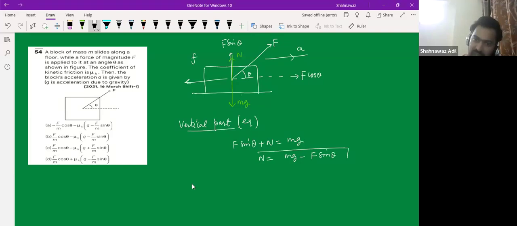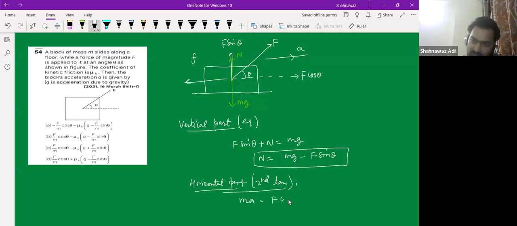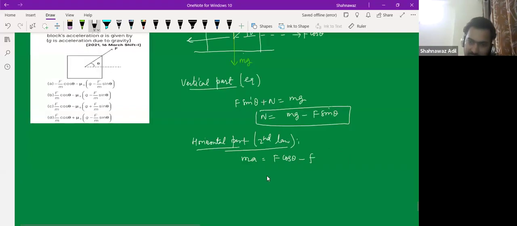So this is N. Now in the horizontal part, we have to apply Newton's second law. So this is ma, equal to F cos theta minus f. How much is this? F cos theta, f is mu s N. Yes, B. Maria is saying B. Correct, absolutely correct.